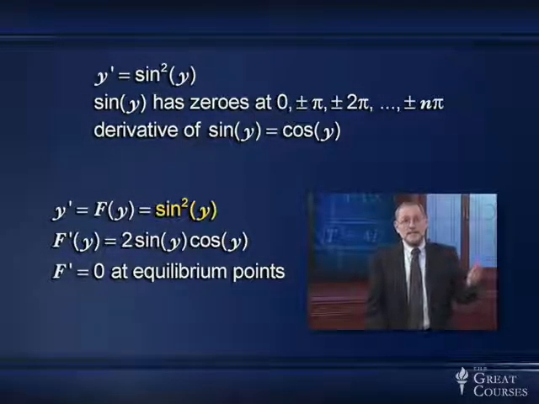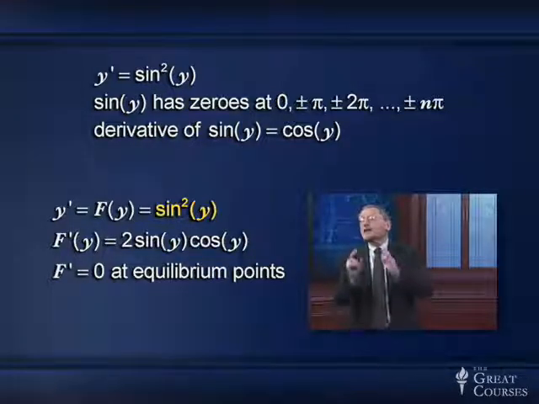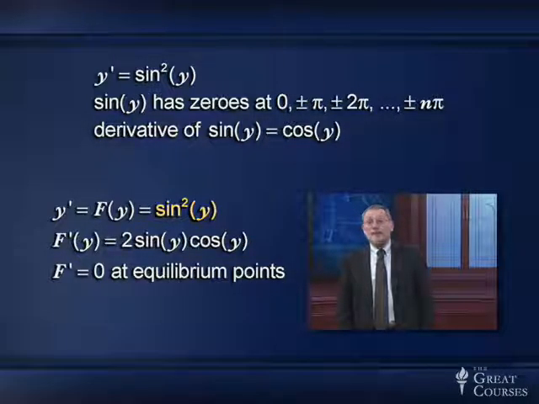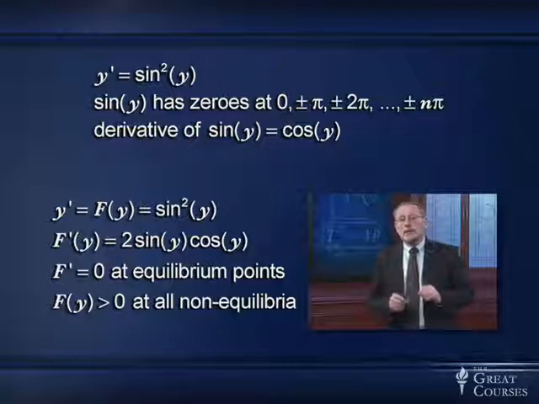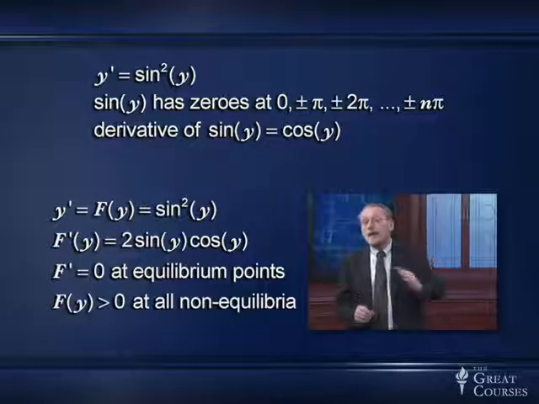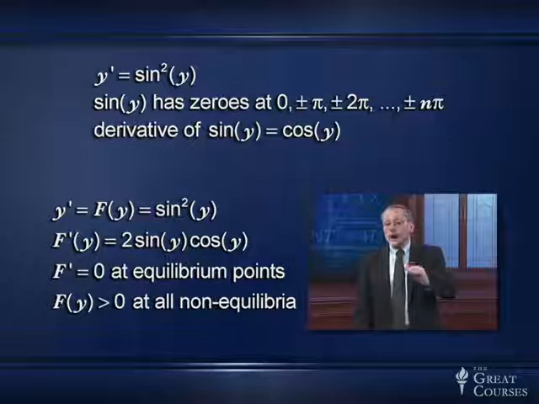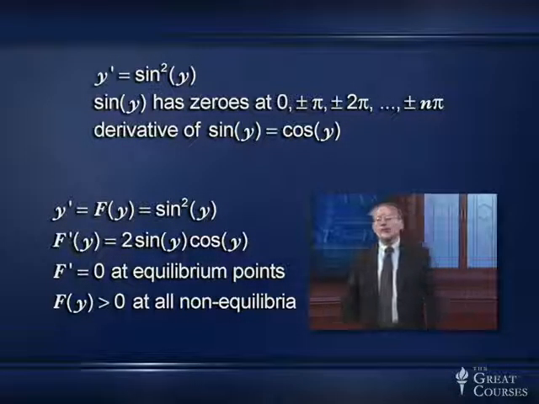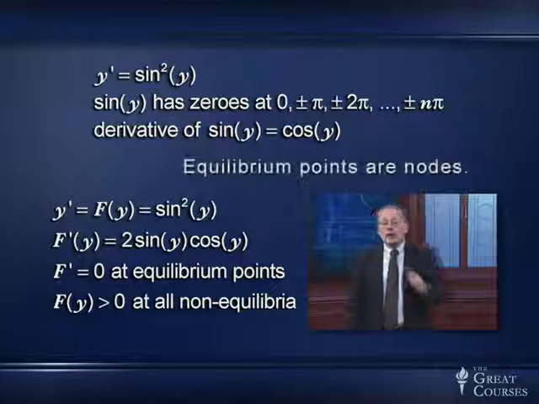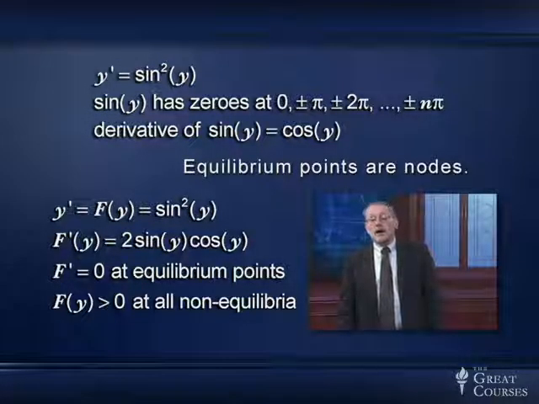Look at the right-hand side of the differential equation. It's sine squared y. So at any non-equilibrium point, sine squared y is positive. So solution curves must all go uphill. So we know just by looking at the right-hand side that all of those equilibrium points are nodes.